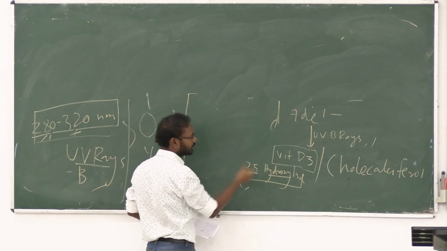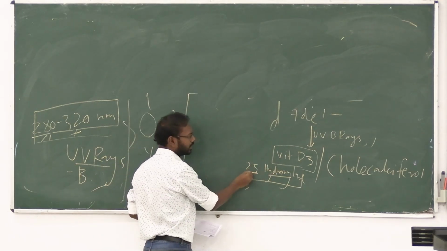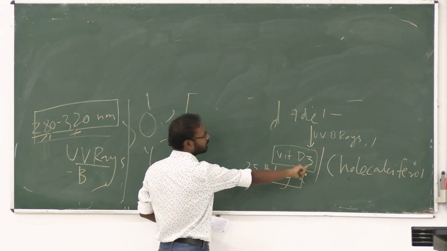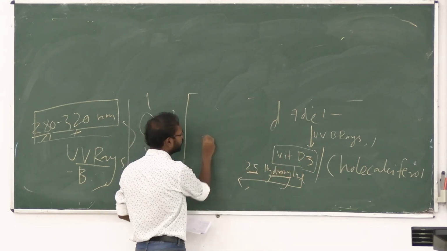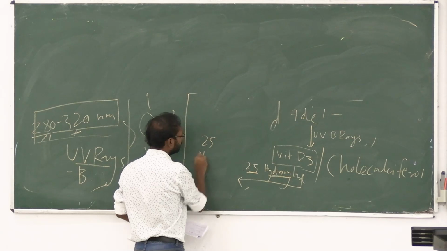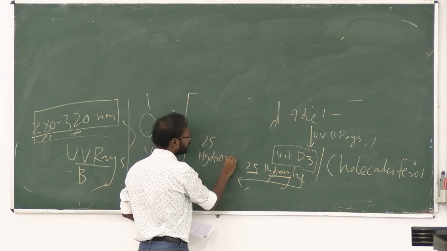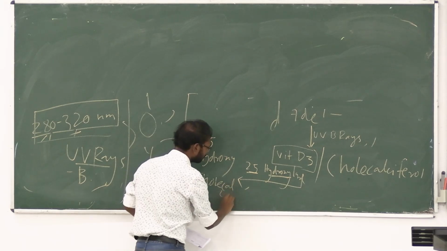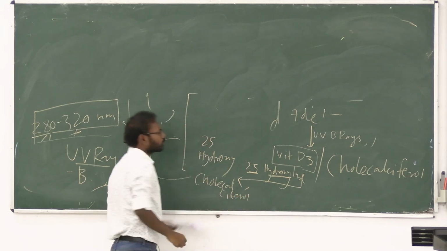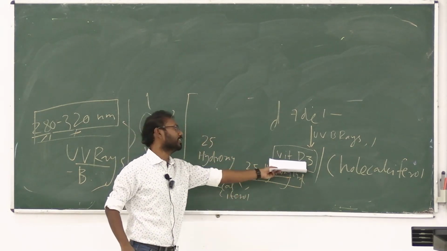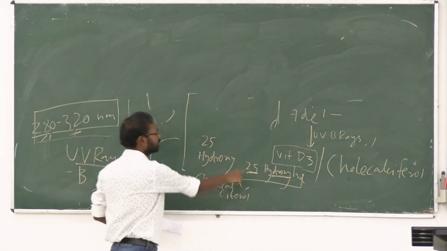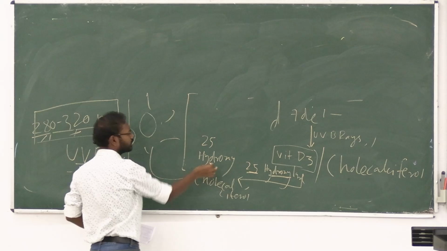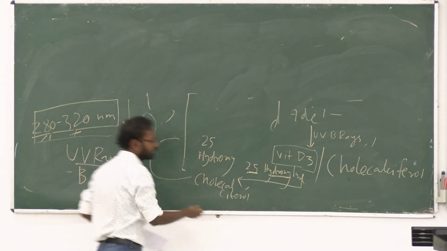The name itself tells it: 25 from there, hydroxy from there. So cholecalciferol, this is vitamin D3, with 25 hydroxylase becomes 25 hydroxy cholecalciferol. Simple. The name 25 hydroxylase is added with the cholecalciferol.